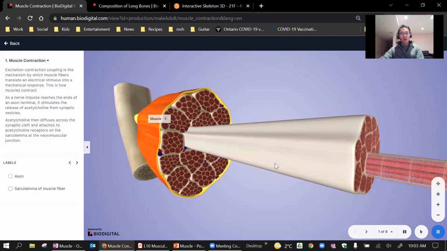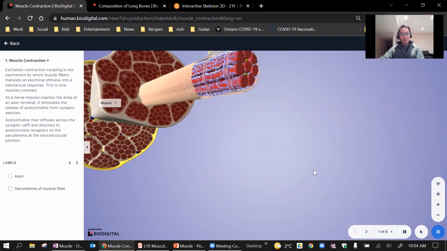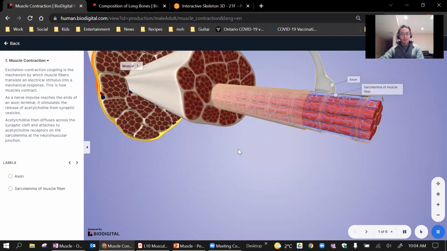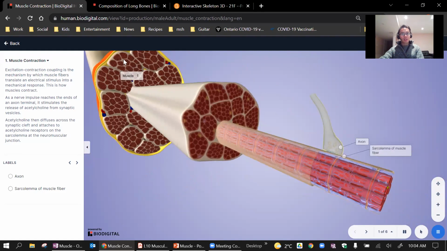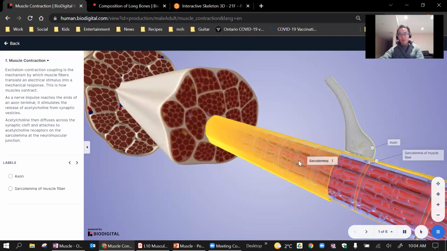So we pull out a fascicle. That's a fascicle that got pulled out. Oh my goodness. Okay, so within the fascicle, this little thing is a muscle fiber. You pull out the muscle fiber, and you can see the muscle fiber is surrounded by the sarcolemma.